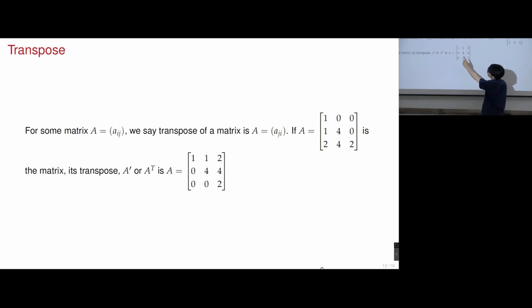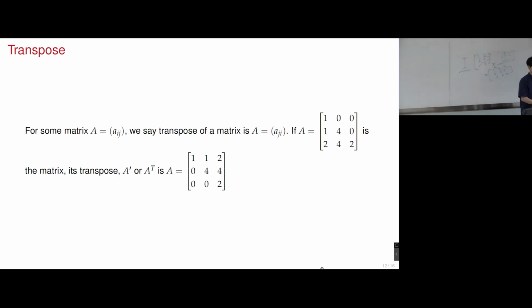Okay, we sometimes denote a matrix like this, and the transpose of a matrix looks similar, except the indices are now switched. So we can see that the rows and the columns are going to change, right? So we have a matrix A here, and if we take its transpose, for notation we use either a dash or T for the transpose of a matrix, what we get is this matrix.